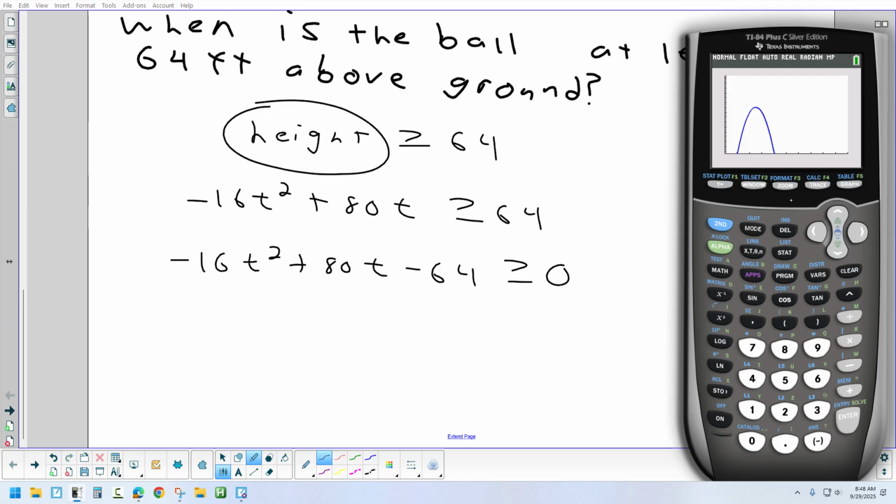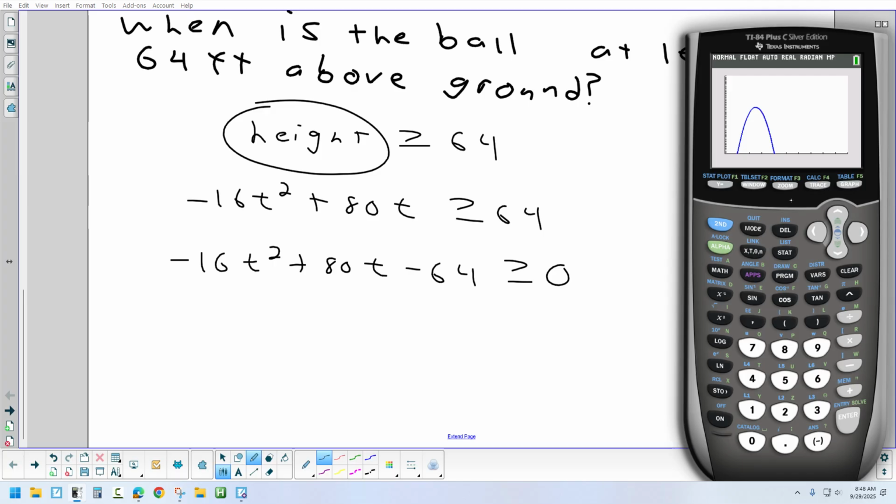So when I'm looking at this picture, where would I look to find where that inequality is greater than or equal to 0? Near the peak. The peak. That would be like a maximum height of the object. So we don't want to look at the peak for this one.